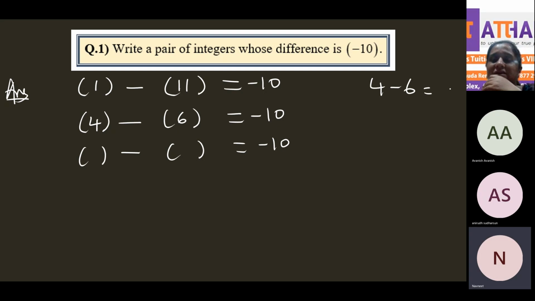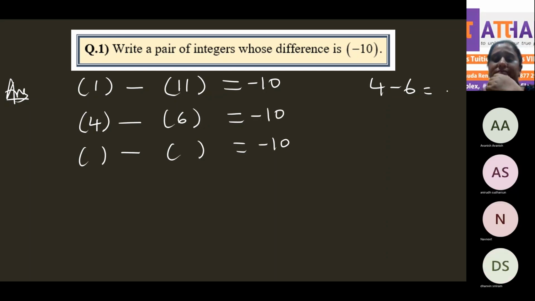So what's the answer when you subtract? 10. I put the bigger number sign, which is 10. No, minus 10. No, different signs, subtract, right? What's the answer when you subtract? 4 minus 6, 10, and put the greater number.